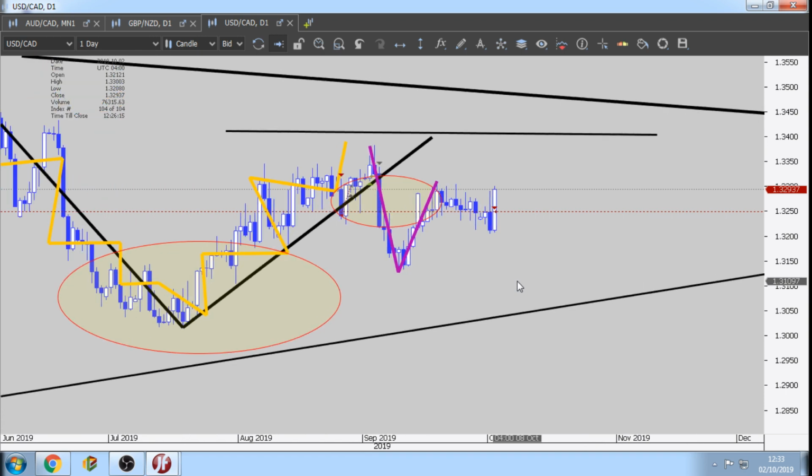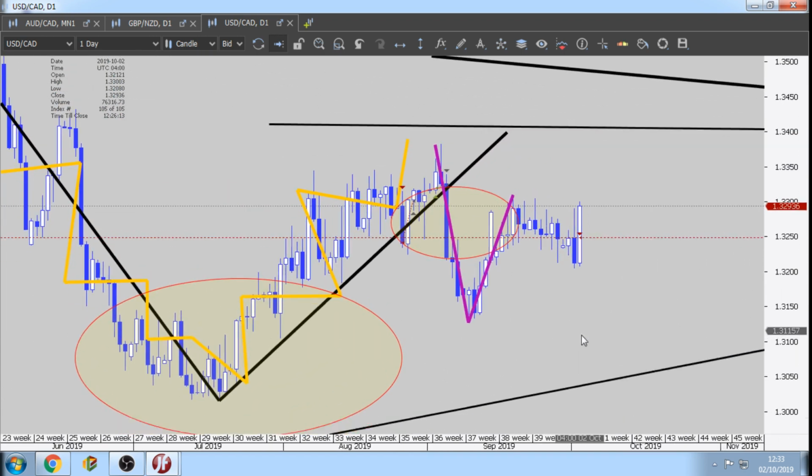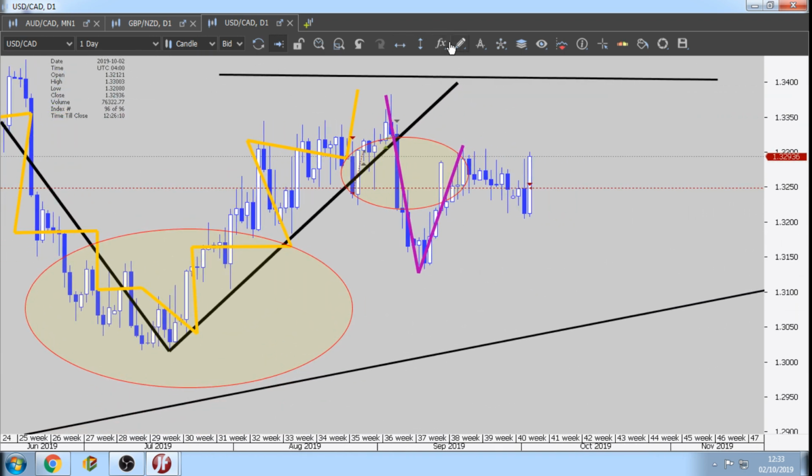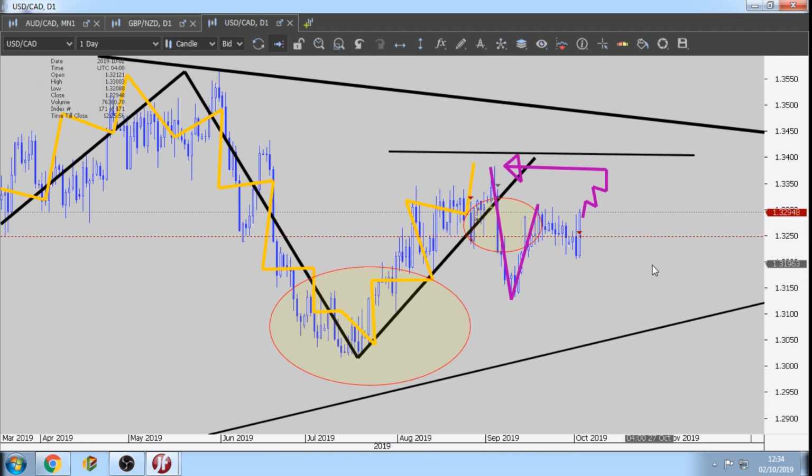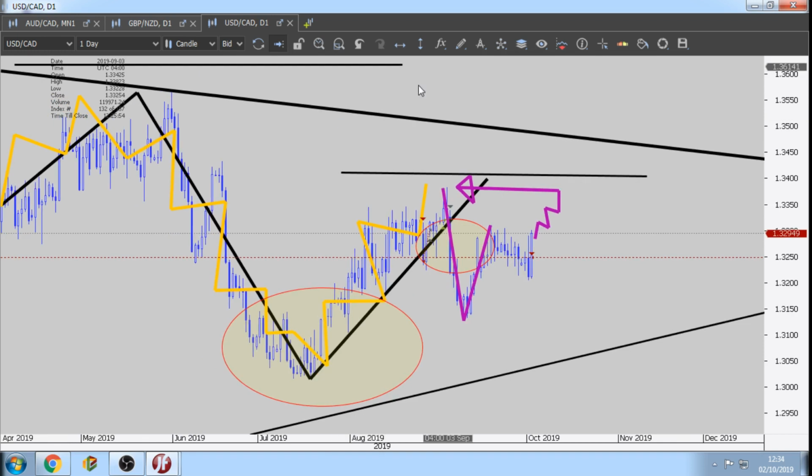And the violet, the first high and the first low is extension, and I know that the market can go up until here on the daily. And even further, if the black line is structure on the daily, the market can go further up. The market can even break the downtrend line, but until it breaks this high, I'm still short.